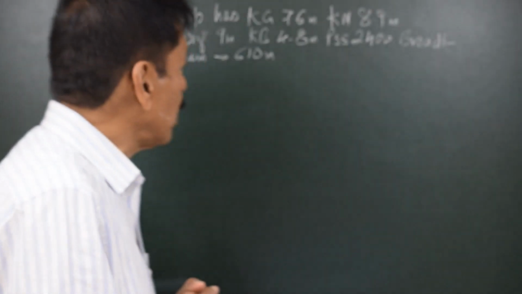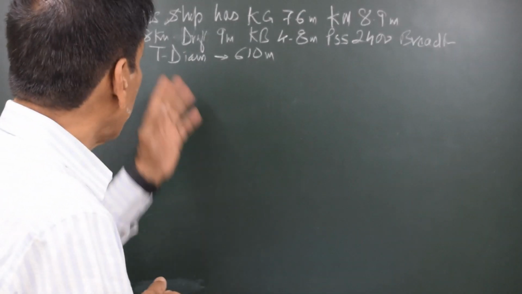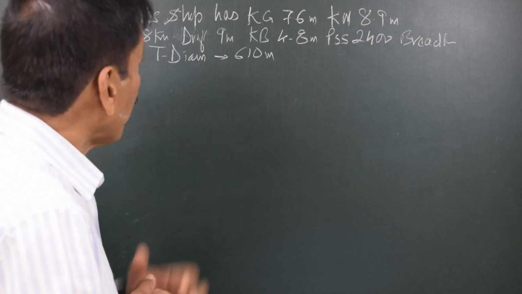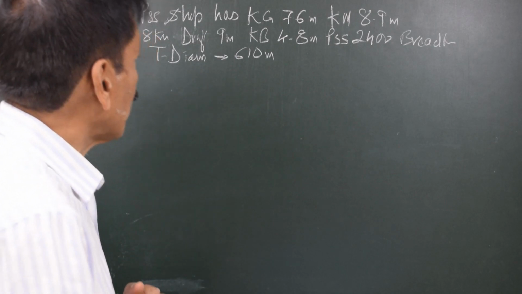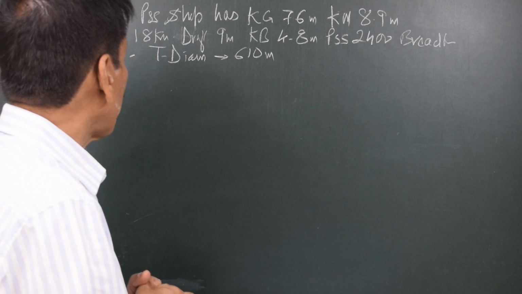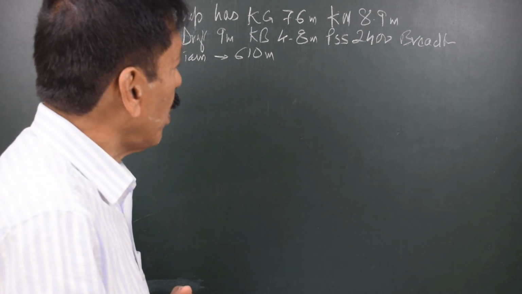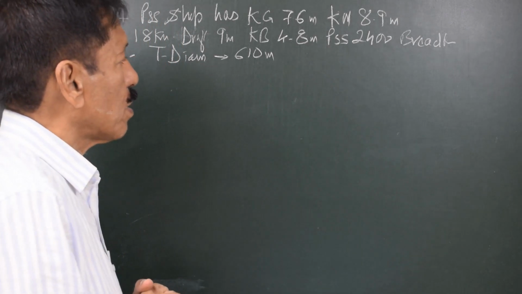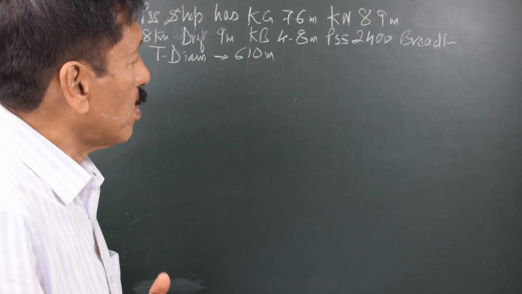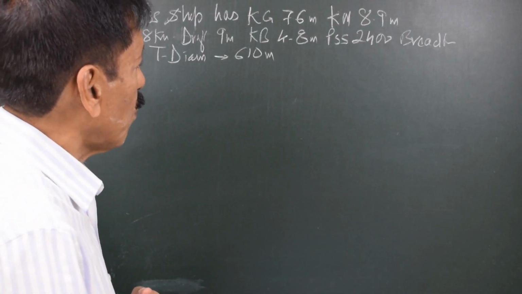So here is the data of one of the ships, a passenger ship. It has KG 7.6 meters, KM 8.9 meters, speed 18 knots, draft 9 meters, KB 4.8 meters. The number of passengers on board is 2,400.